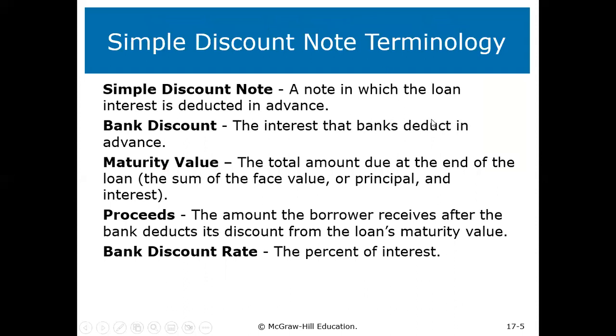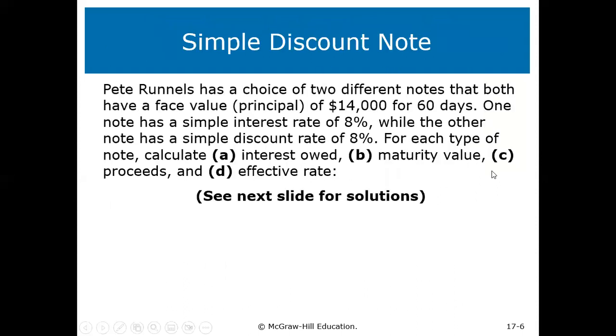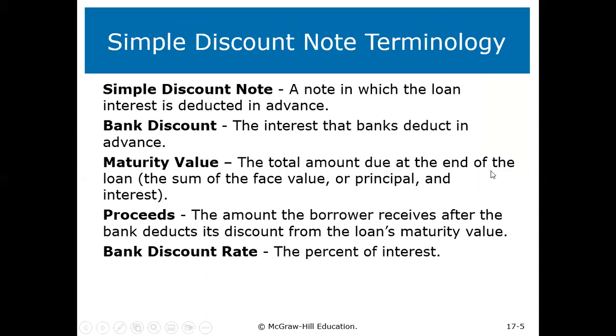All right. So there are some terminologies that we need to know and understand. First, the simple discount note. There's a difference between a simple interest note and a simple discount note. What's the main difference?